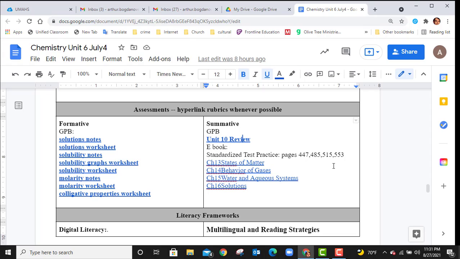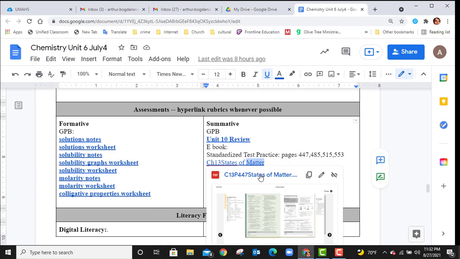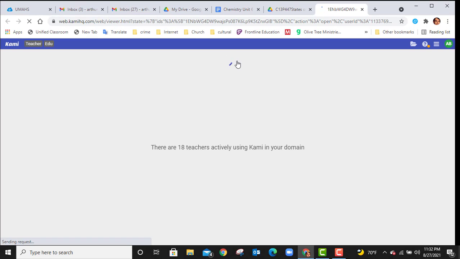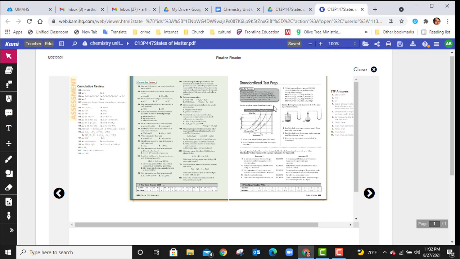So I put an assessment from each chapter that went into the unit here. I just did that today from popular request. And I am suggesting that when you open it with Kami, because the fidelity is much better in Kami than it is in Google Docs.